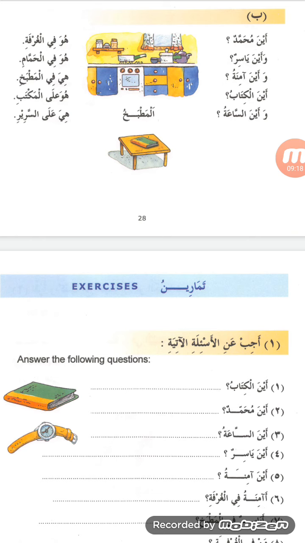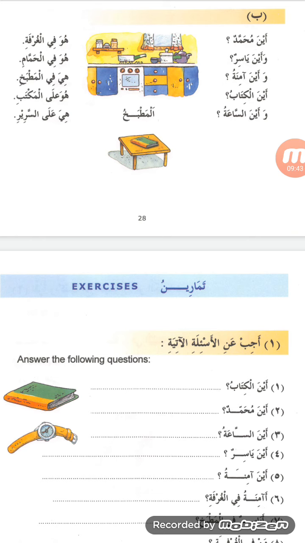Hiya means she and it. So for a singular masculine noun, the pronoun used is huwa, and for a singular feminine noun, the pronoun used is hiya.